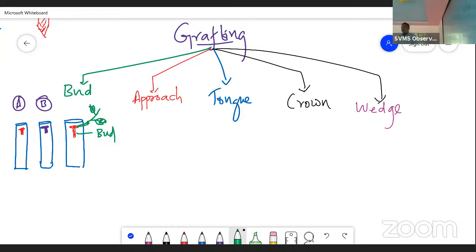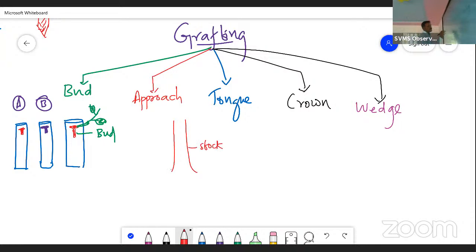Second one, approach grafting. Approach grafting is a technique in which two plants are taken, the stock and the scion. The stock is a rooted plant.